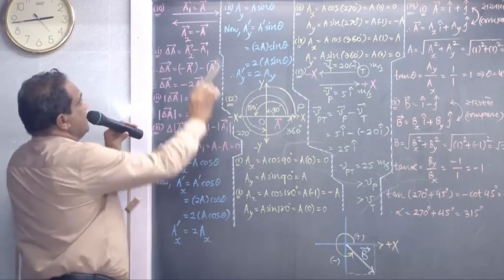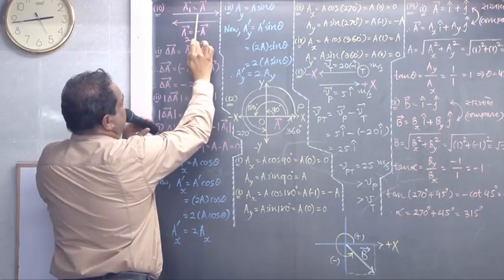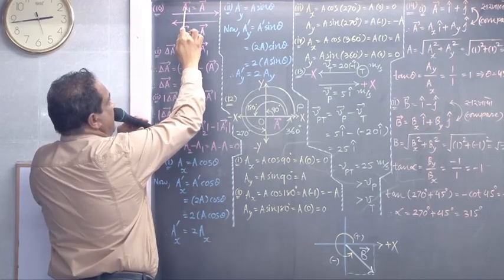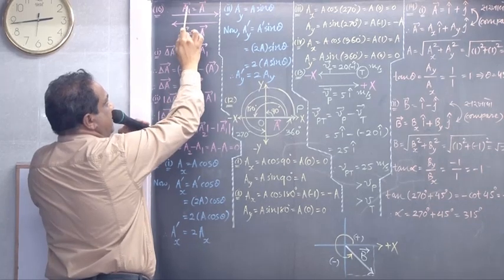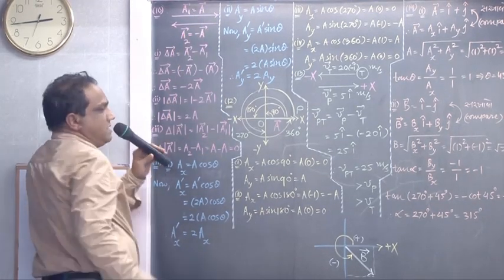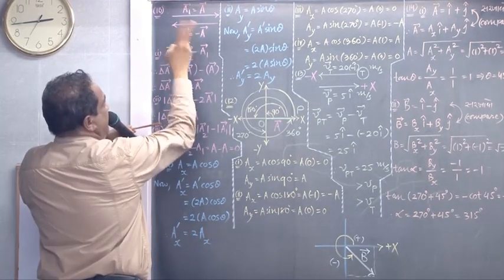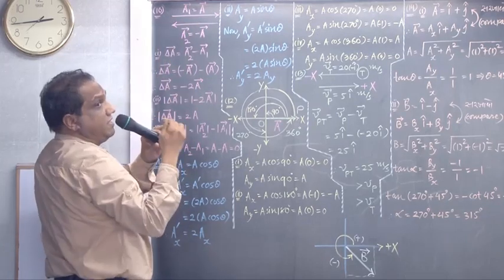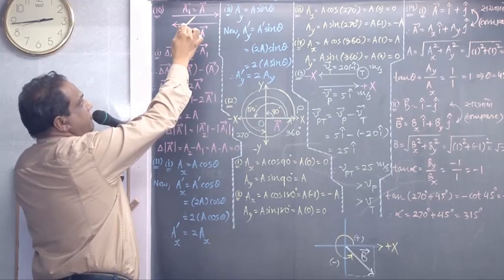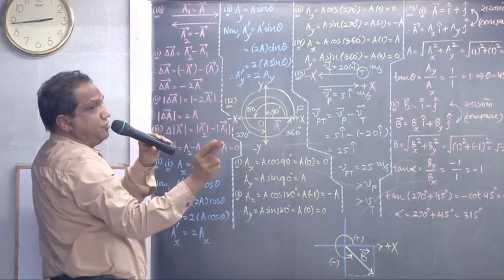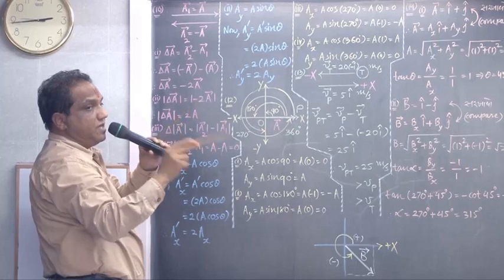Very simple. Suppose this is the given vector. Let it be vector A1 equals vector A. Now, after I make it reversed, the final vector I take as vector A2. Because these two vectors are equal in magnitude and opposite in direction, they are negative vectors.